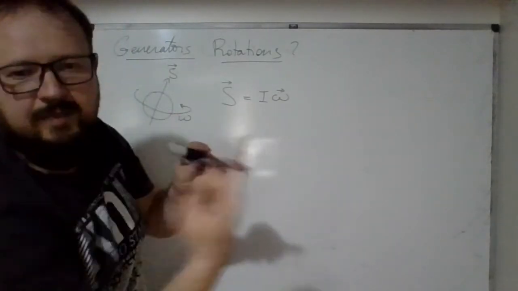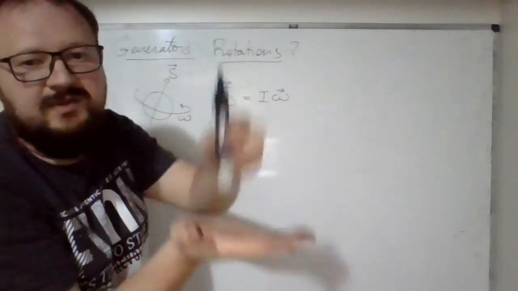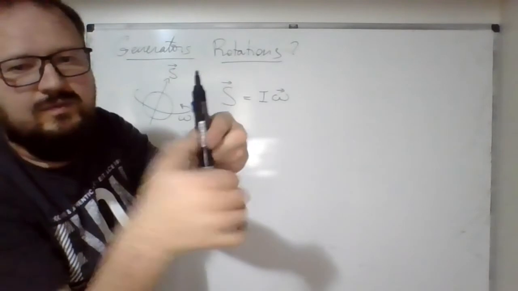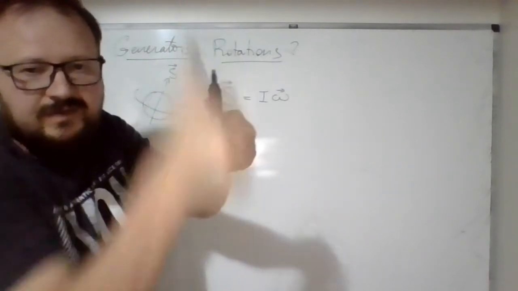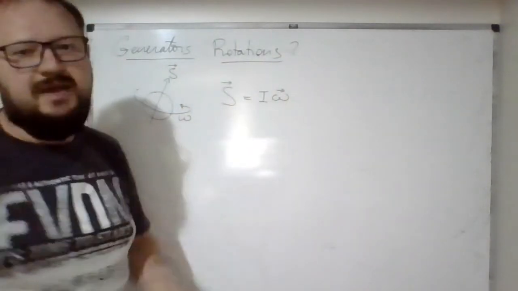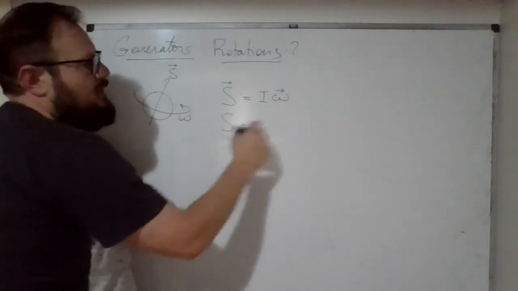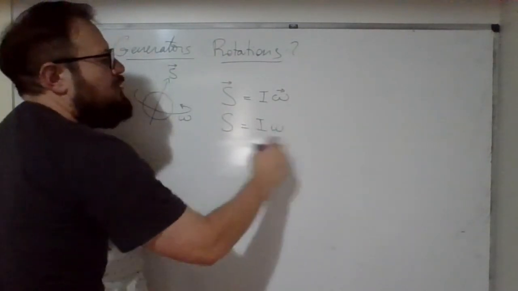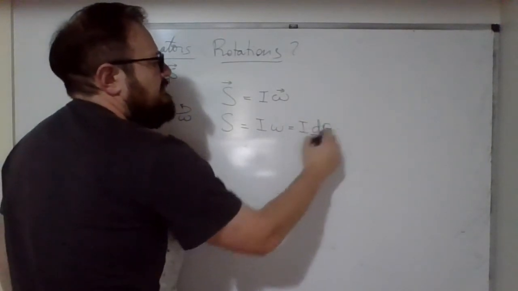Rotation occurs in a plane, of course, and the vector perpendicular to the plane, using the right-hand rule, points upwards in my example here. So this is the omega vector. If you consider just the modulus, it will be I omega, and this is I delta the angle.